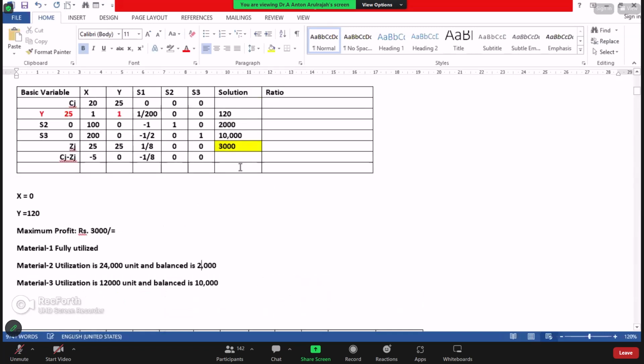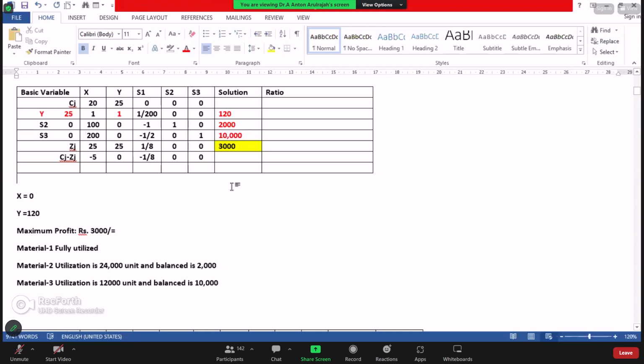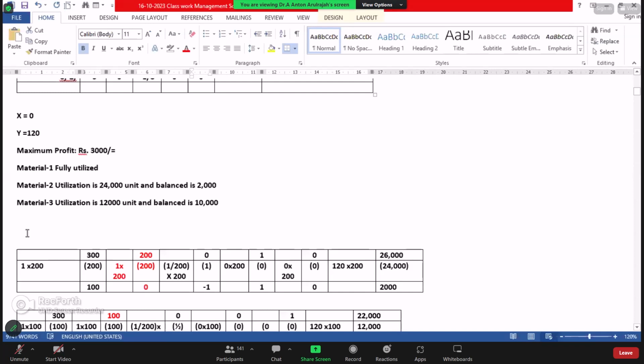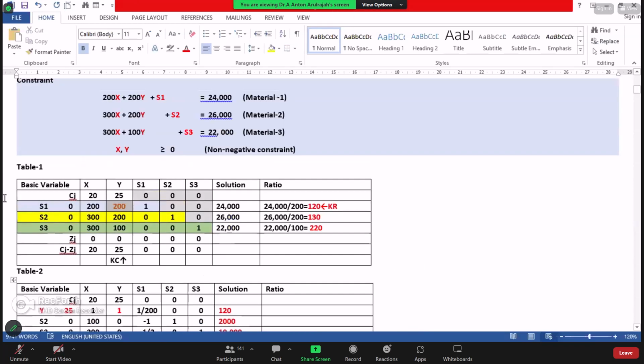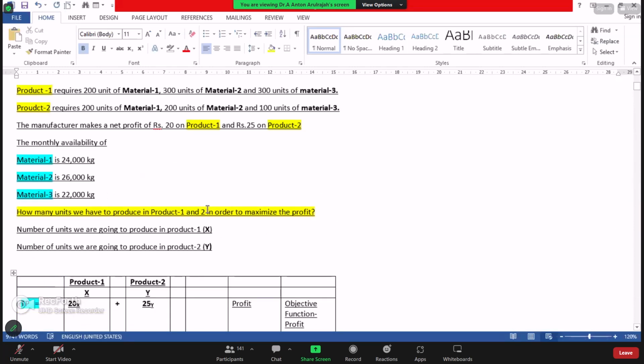Simply we can see from this table, this is the maximum profit. This is the quantity we are producing, 120 units. Y denotes this. S2 denotes which material? Material 2, that is balance 2,000. S3 denotes which material? Material 3, that is balance 10,000. Maximum profit is 3,000. According to the solution, how many units do we have to produce in product 1 and product 2 in order to maximize the profit?